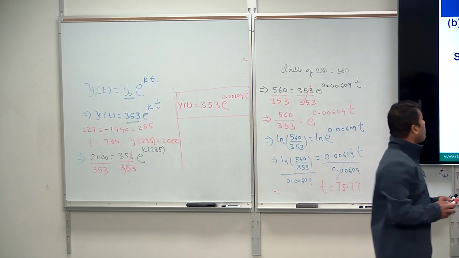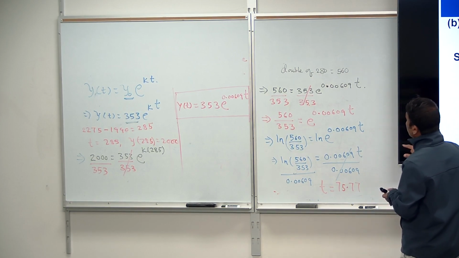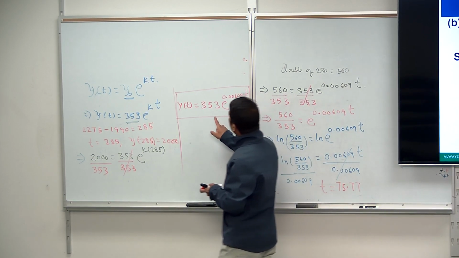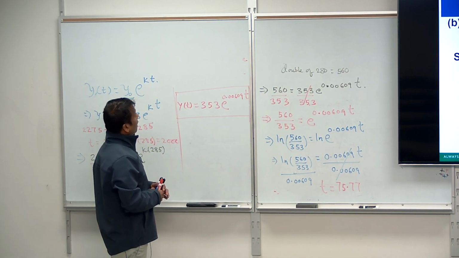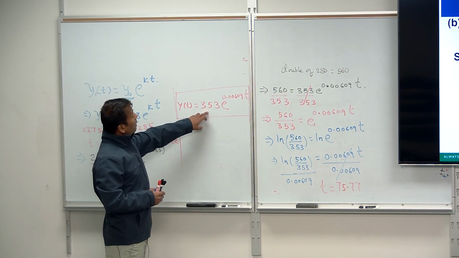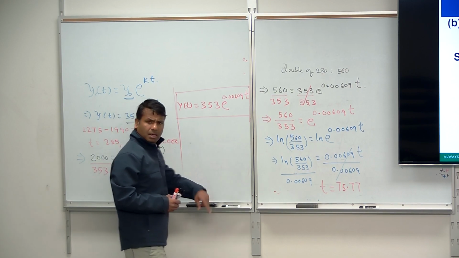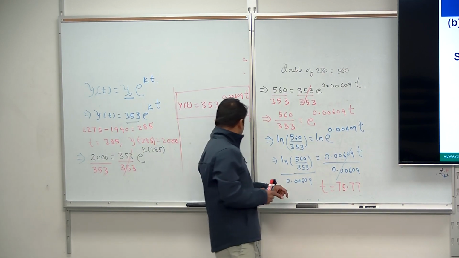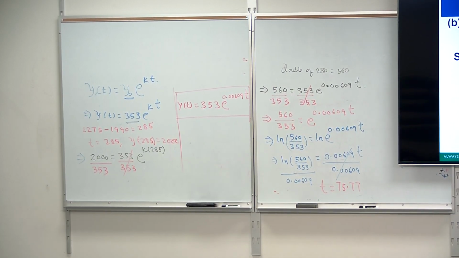But in what year? You have to estimate the year, right? So this is the model after t years. And remember this 353 ppm is the amount of carbon dioxide in 1990. If you go back to the table, you can see that.